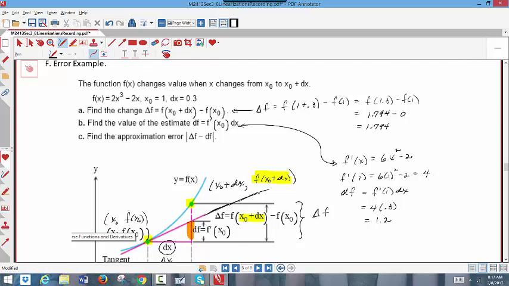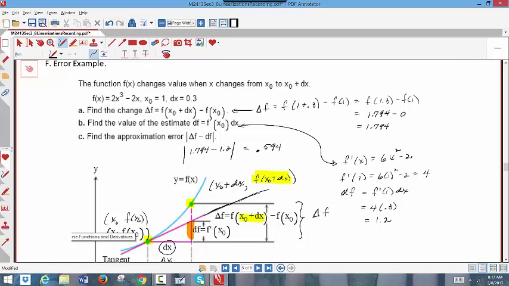This is where we're applying that differential information. Now, to find the error approximation in part C, I take the absolute value of my delta f, which is 1.794, minus my differential, which is 1.2, and take the absolute value because there's times where it could be negative. I get an error of 0.594.